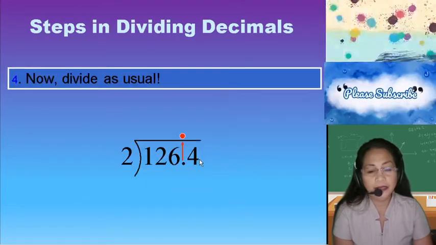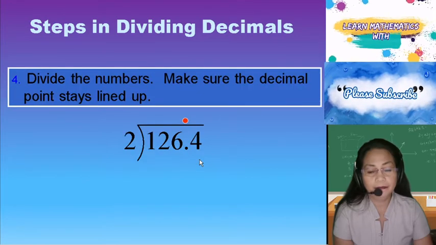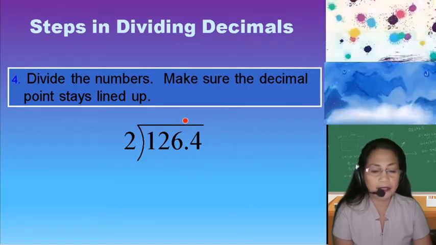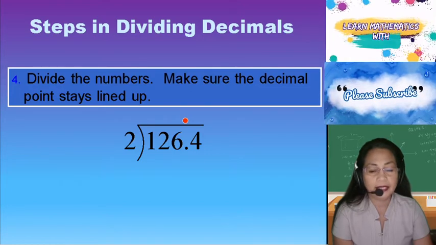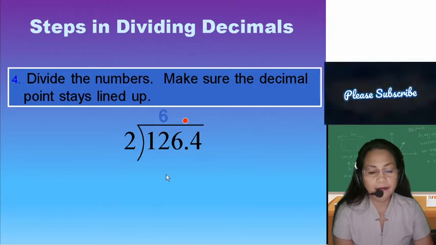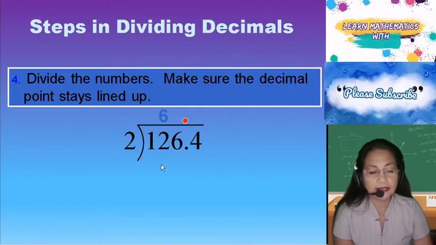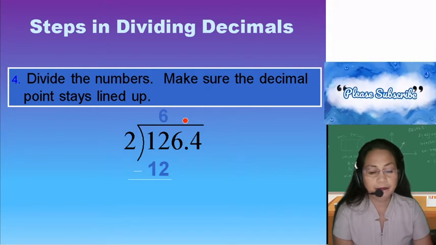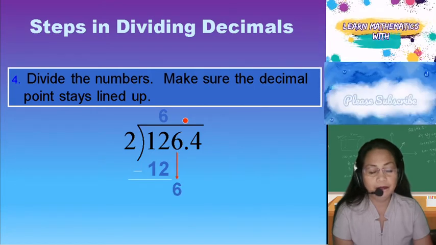Now divide as usual. Divide the numbers, make sure the decimal point stays lined up. 12 divided by 2 equals 6. 6 times 2 equals 12. 12 minus 12 equals 0.